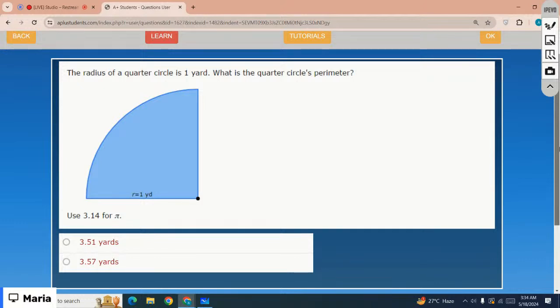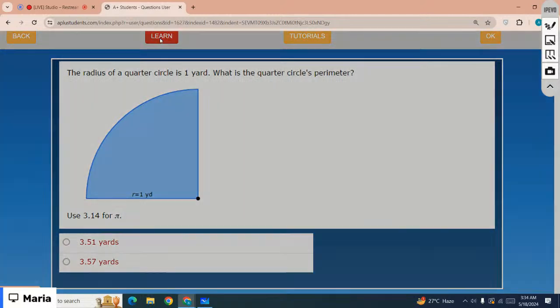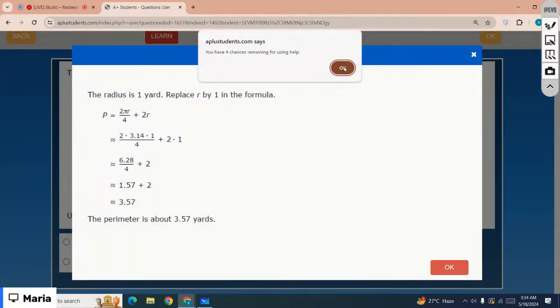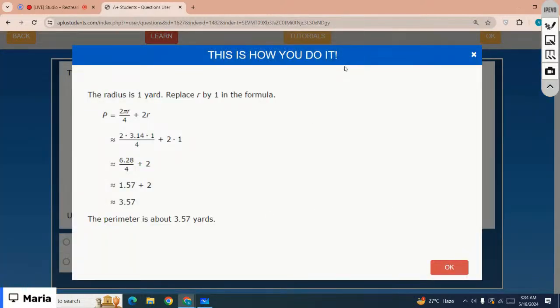That is a quarter circle, so I think you have to divide it. Yes, you need to use the formula 2 pi r divided by 4 because that is the quarter circle, right? So do 2 pi r by 4, then you need to add 2 times r.